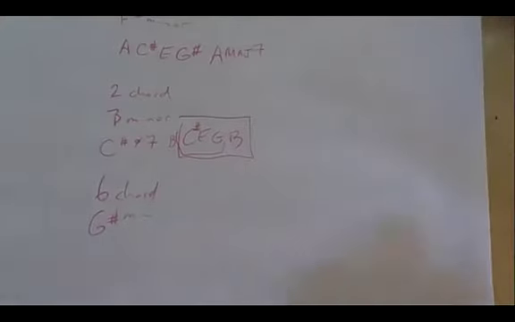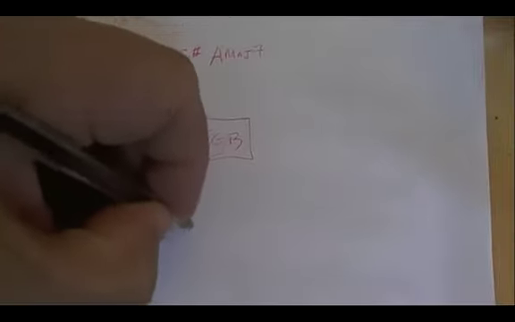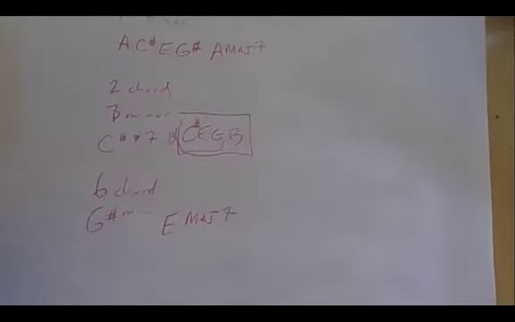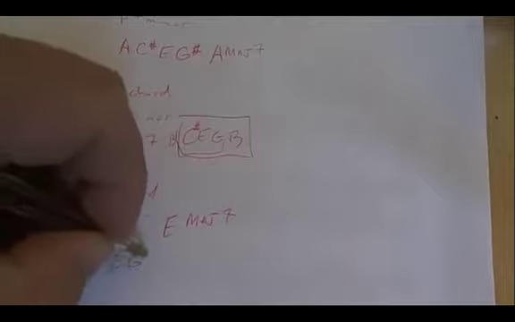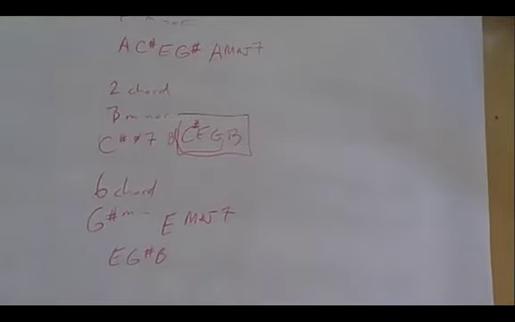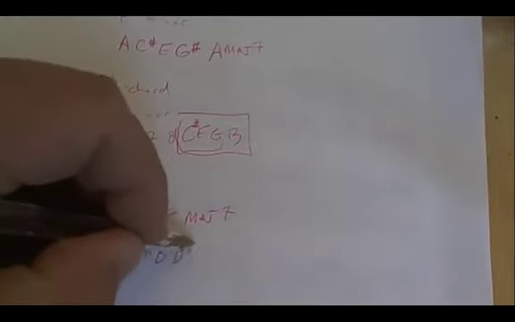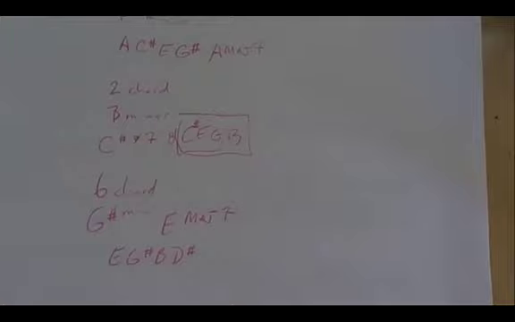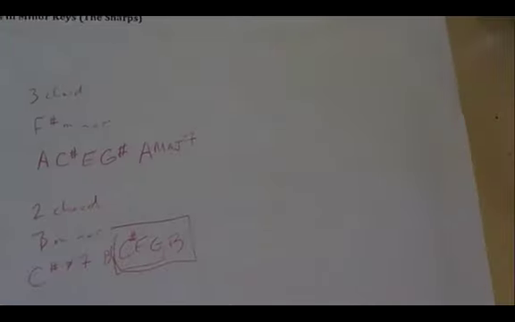Okay, so the answer is E major 7, and you go E, G sharp, B, because major triads are in major 7th chords, and then the 7th is a major 7th, which is a half step below E, which is D sharp.